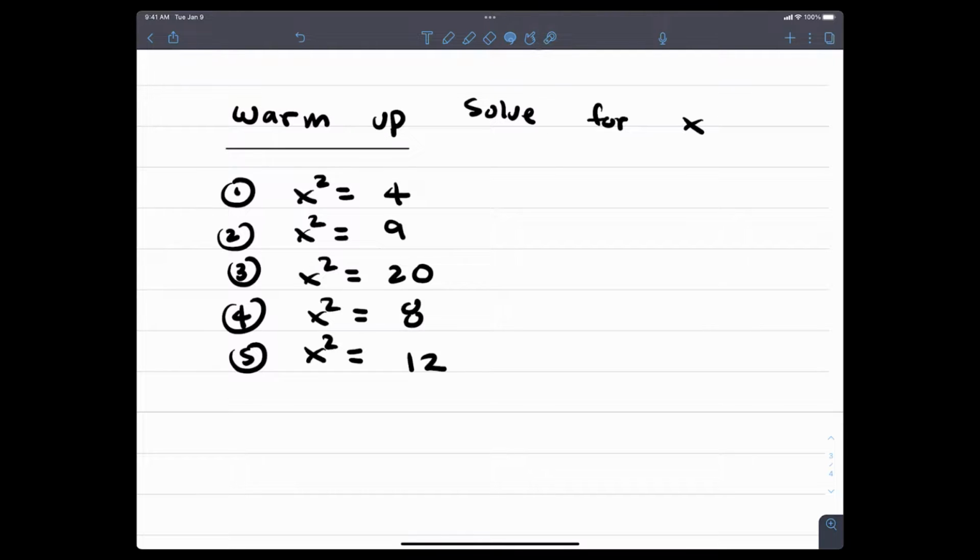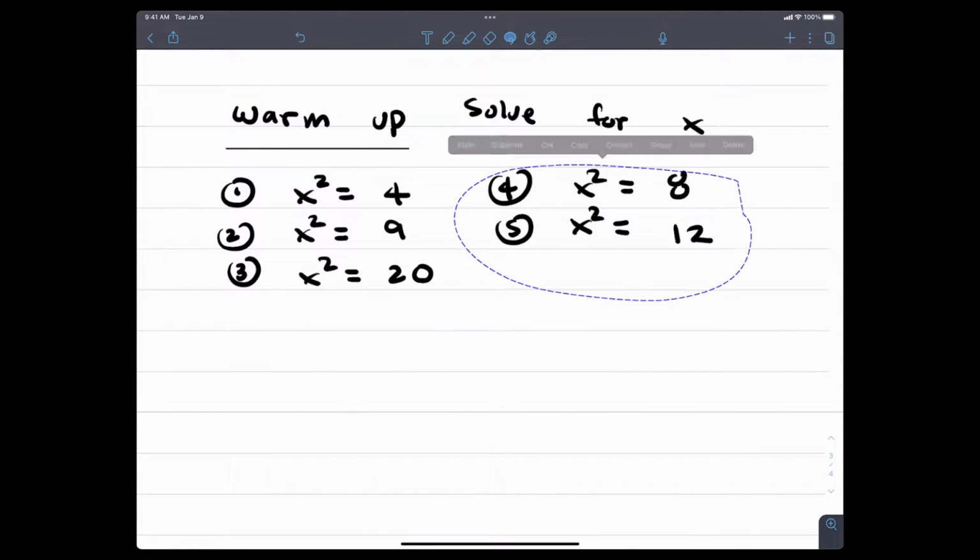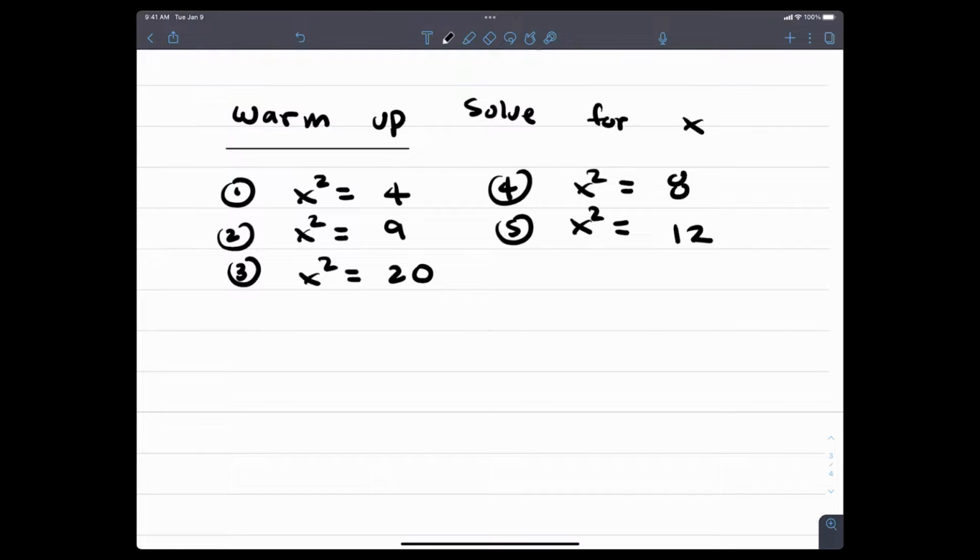And let's do something like this. Simplify the following. Well, sorry, take that back.